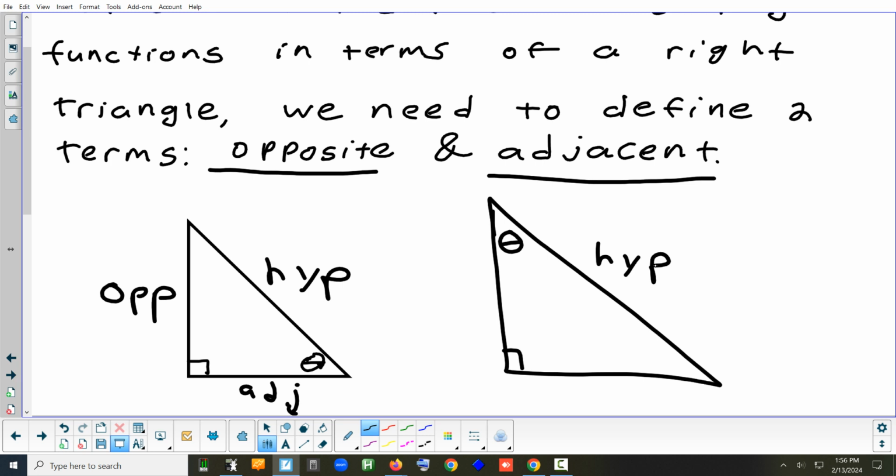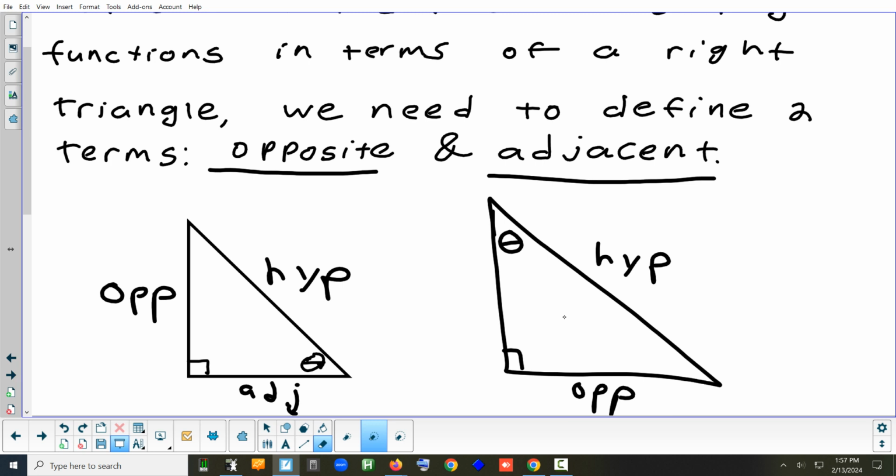On the bottom leg? Yeah, opposite is the side that's furthest away. It's basically the side that if you erased it, it would have no effect on this angle at all. I still have an angle right there. Nothing changed. So opposite this time is at the bottom.